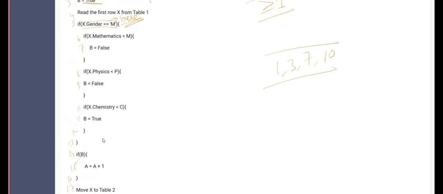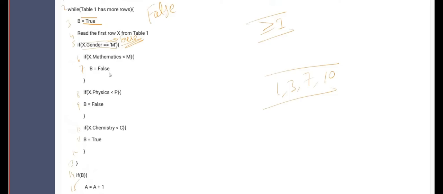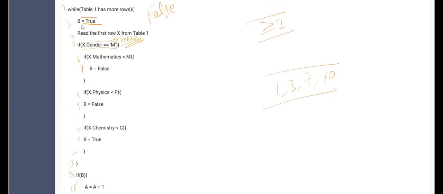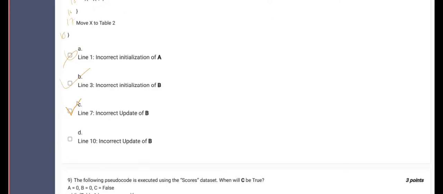Line 7. B is false. Obviously, line 7 is also false, because line 3 must have been false, and this should be true. Therefore, line 7 is also a correct option.